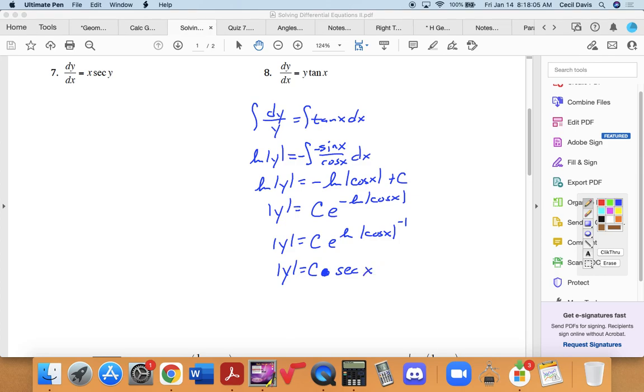So it's just c times secant of x. Yeah, I should have thought of that. Anytime you've got e to something that's natural log, if you can get rid of the coefficient, move that back. You can simplify it.